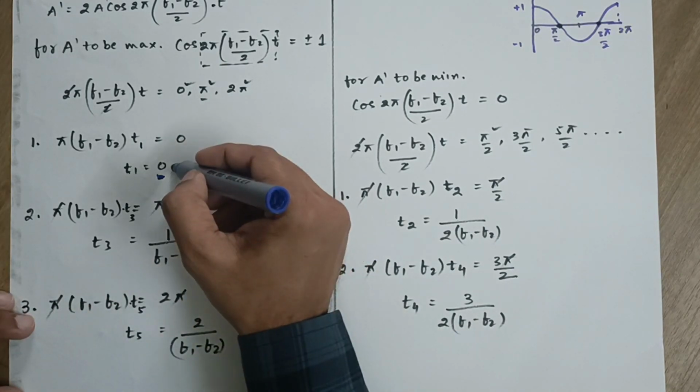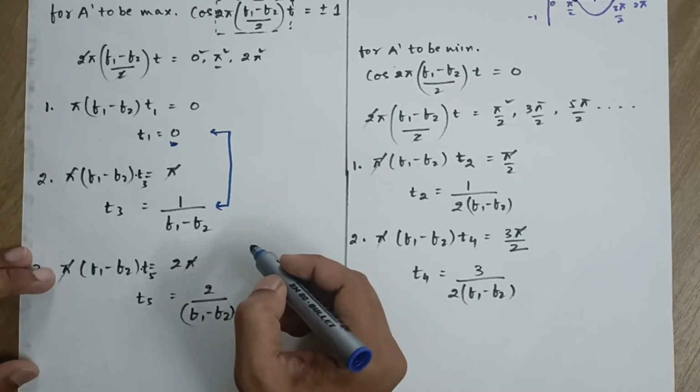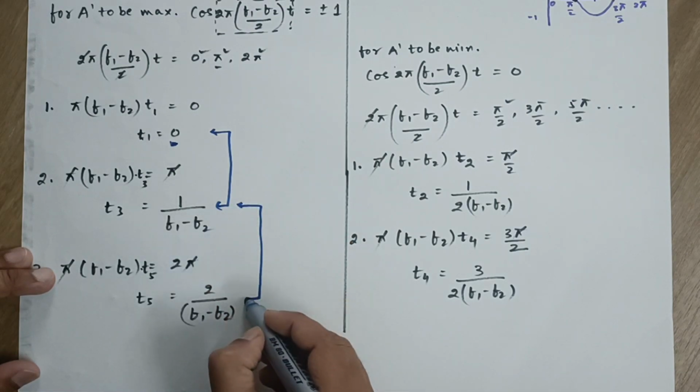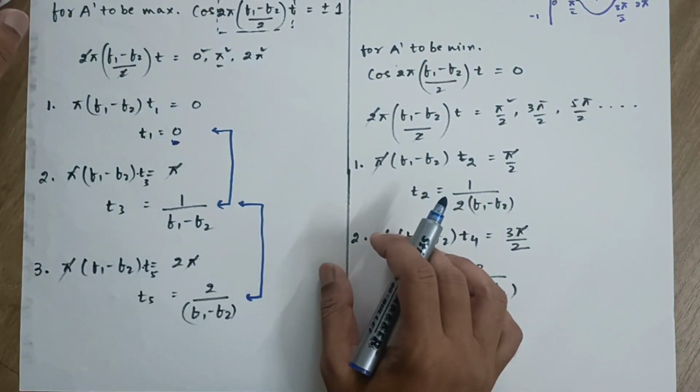So the time gap between two loud sounds, either I can take these two or I can take these two. The time gap between two loud sounds itself is known as 1 beat. Correct.